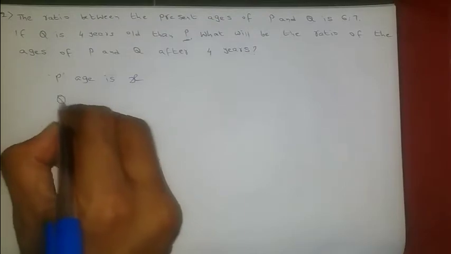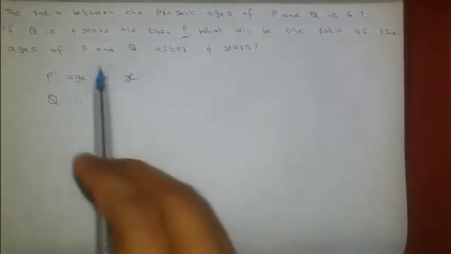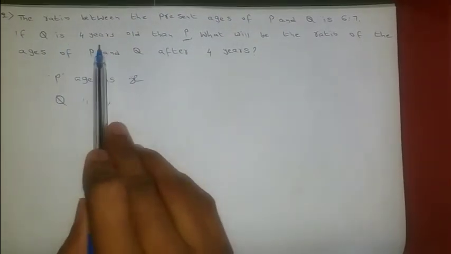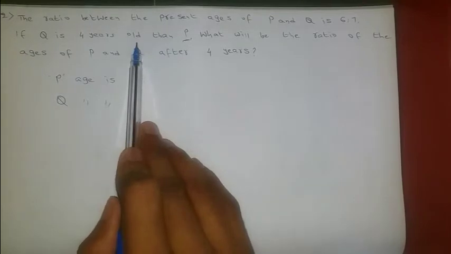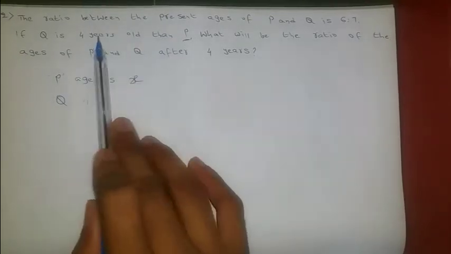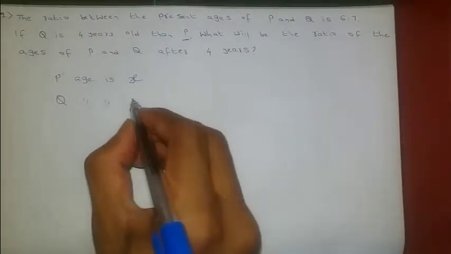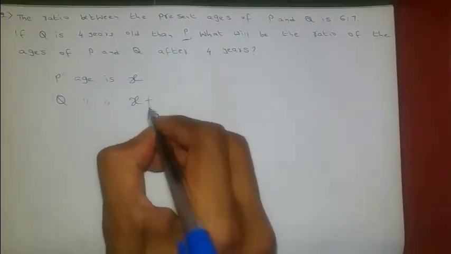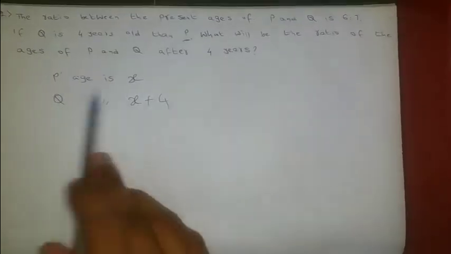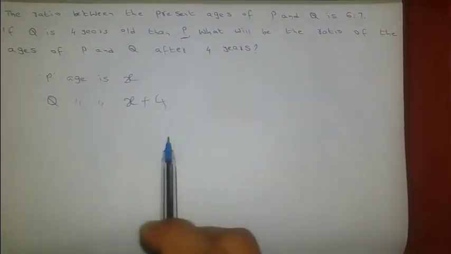Then what about Q's age? Q is 4 years older, old is nothing but bigger, so 4 years bigger or elder than P. Bigger is nothing but plus. So P's age is x and Q's age will be x plus 4.